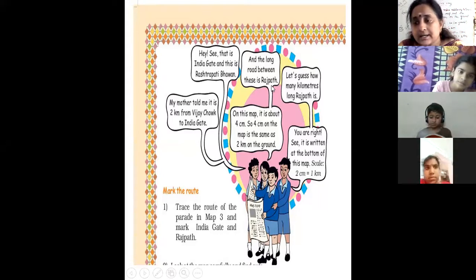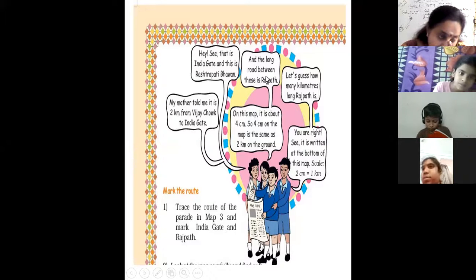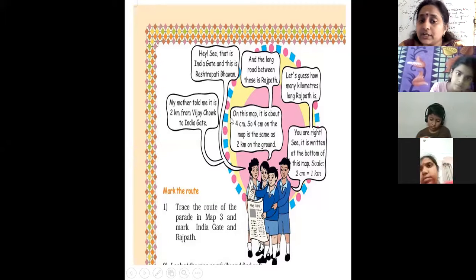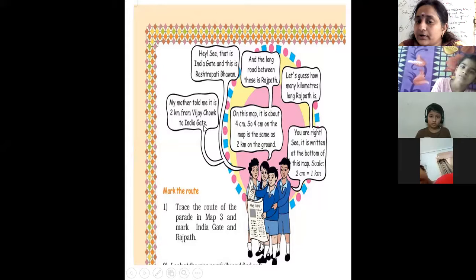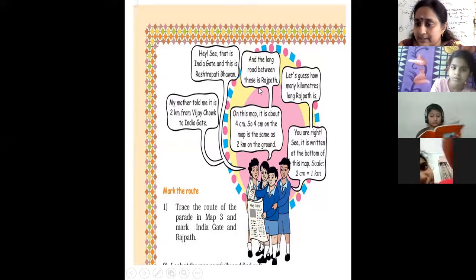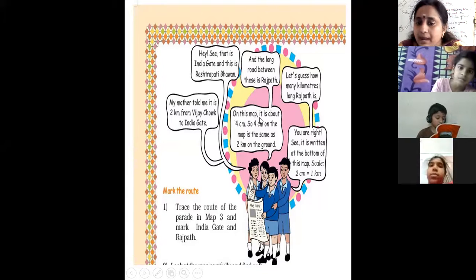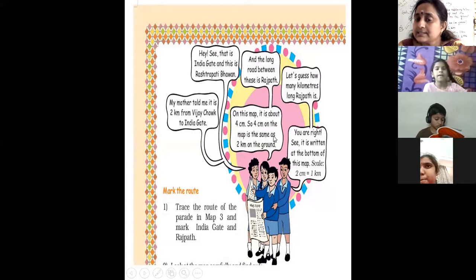As we discussed in the earlier class, the long road from Vijay Chowk, Rashtrapati Bhavan to India Gate is called Rajpath. On this map, it is about 4 centimeters. So 4 centimeters on the map is the same as 2 kilometers on the ground.